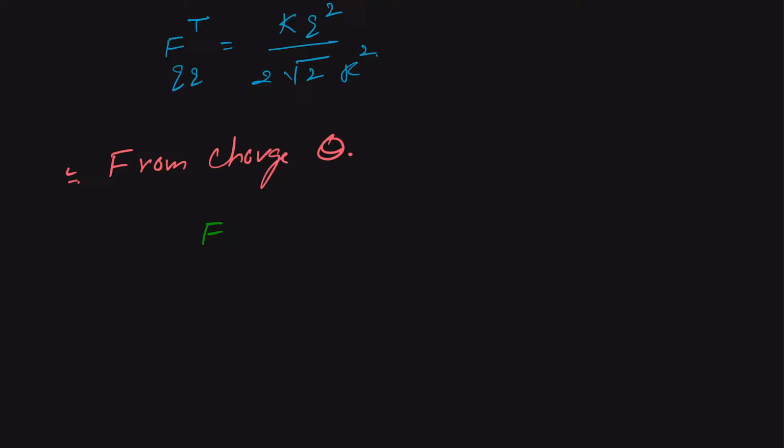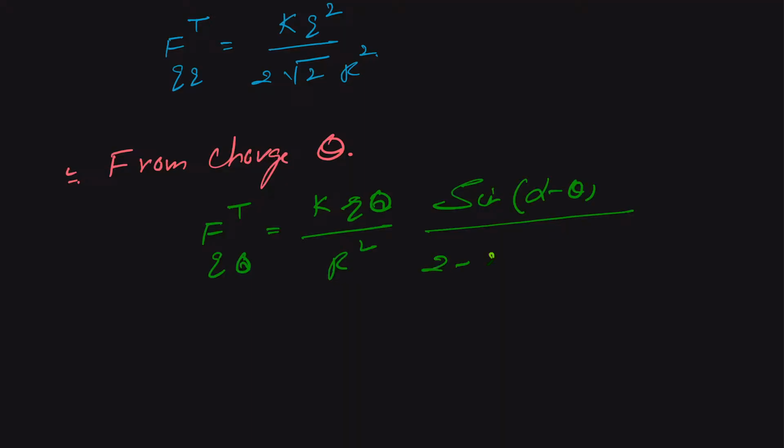So the force between this q and capital Q in the tangential direction will be equal to k q Q over r square, and this comes as sine of (alpha minus theta) over (2 minus 2 cos of (alpha minus theta)) whole raised to the power 3/2.